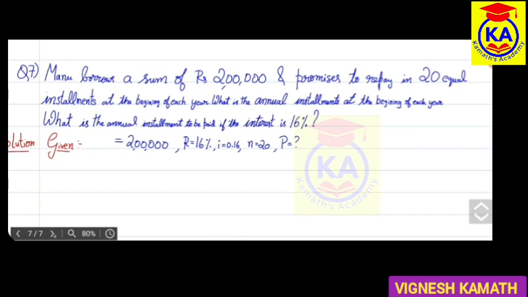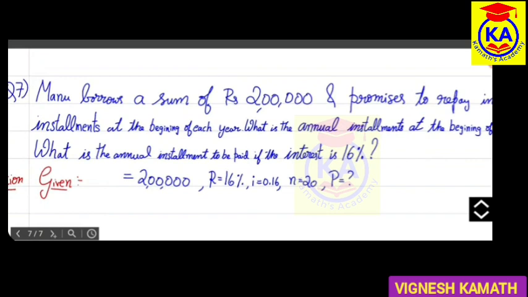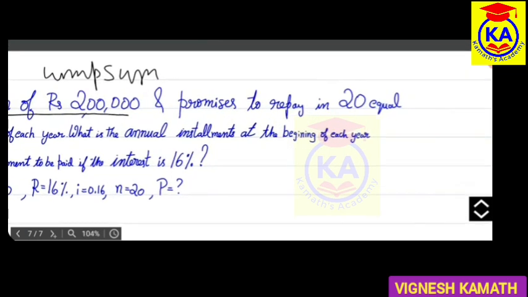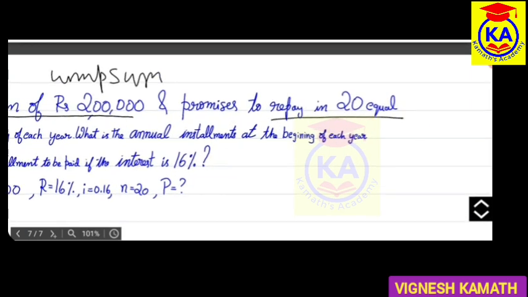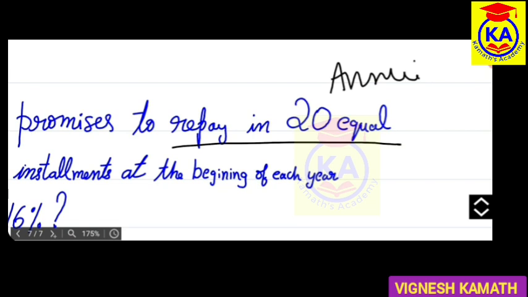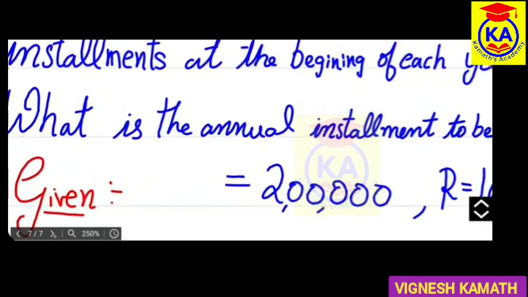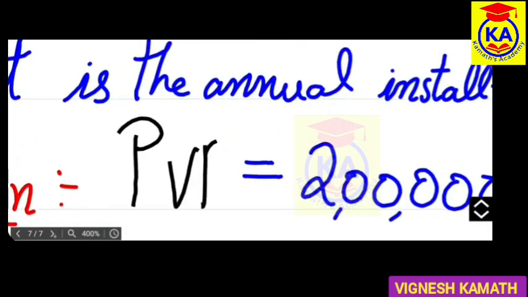And look at the continuation: promises to repay in 20 equal installments. From this you could understand this is a lump sum, right? And repay in 20 equal installments, this is annuity. As per the rule which I have given in this slide, lump sum first, annuity later is nothing but present value of annuity.